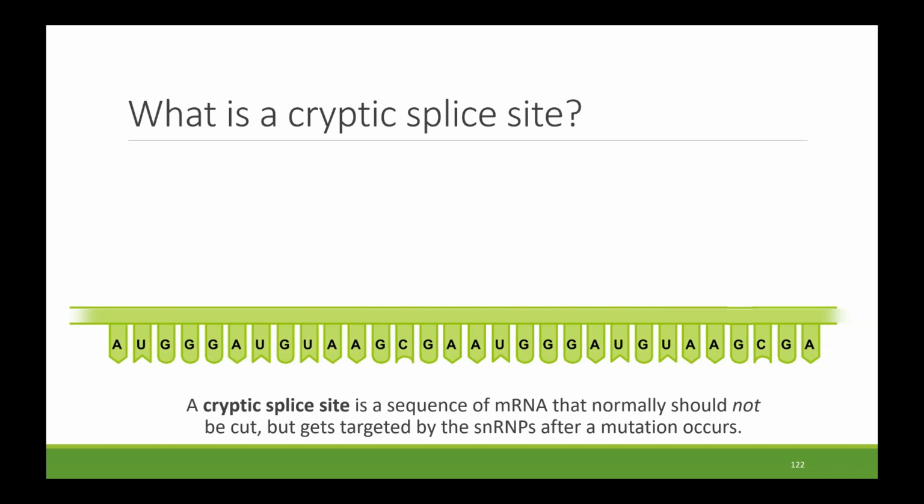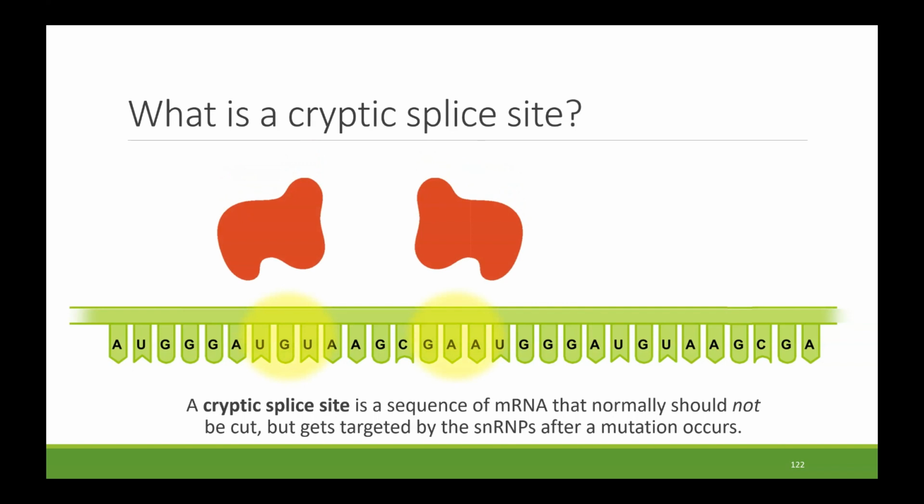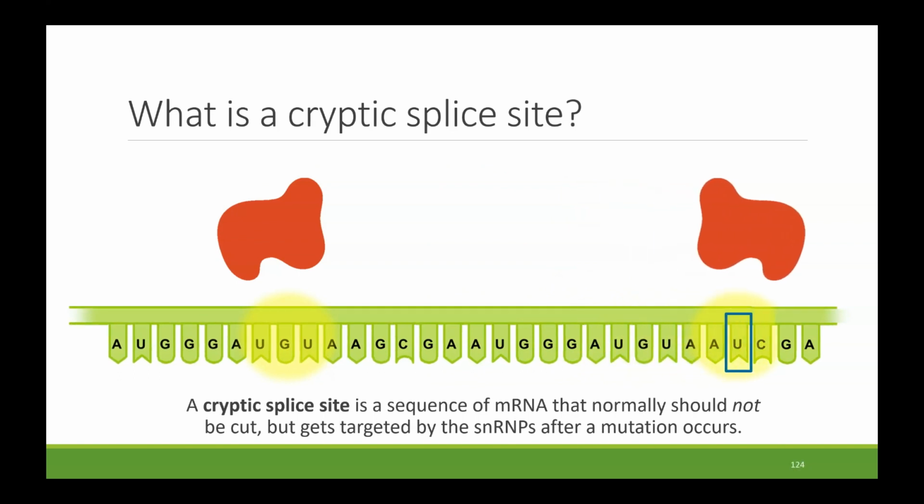So let's say this is our mRNA. Here come our SNRPs, and they would normally recognize these cut sites here in the messenger RNA. But maybe changing one of the letters at a different location, so let's say this G over here on the right-hand end, let's say the G turns into a U, and now suddenly the SNRPs think that this is a cut site.